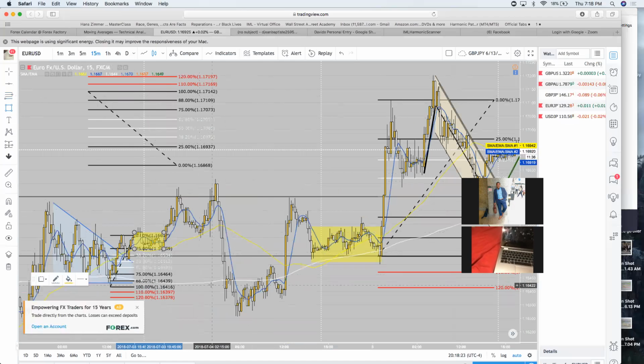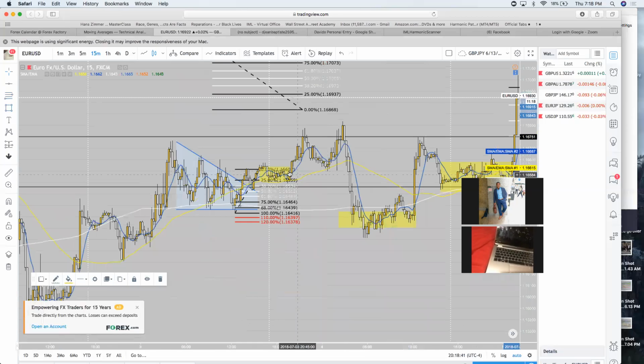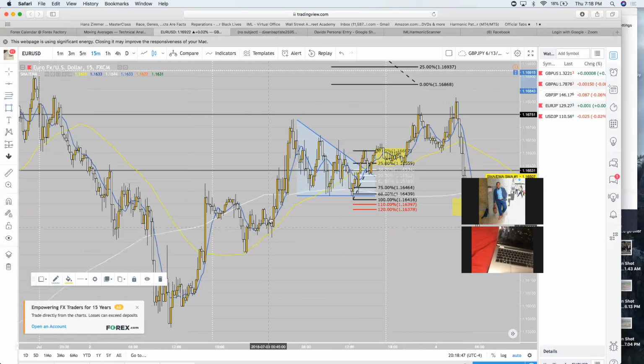All right. Also, this is another consolidation zone. What happened? The market broke out. There's another consolidation zone. There's a lot of indecision. Indecision is pretty much just what wicks are and what happened in the market. The market broke out.